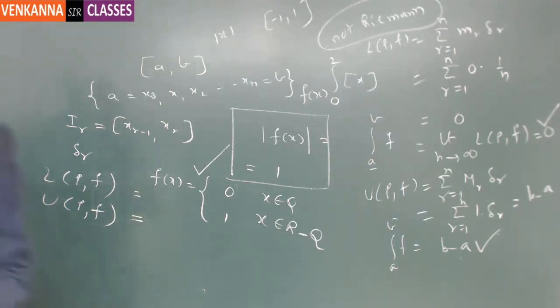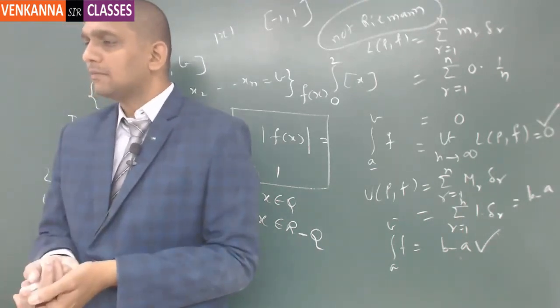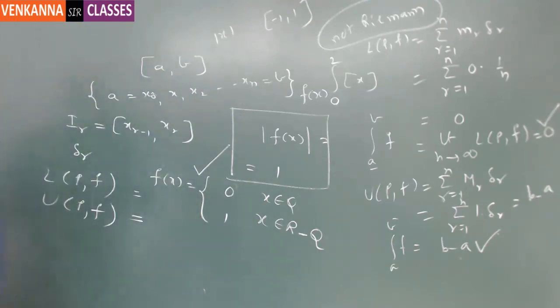Yes, that's what I am saying. Cos x and sin x, if you take the modulus, it is not Riemann integrable. I agree. But these are bounded functions on the interval you have chosen; cos x is bounded, sin x is bounded. So the conclusion is that the modulus of every bounded function need not be Riemann integrable.